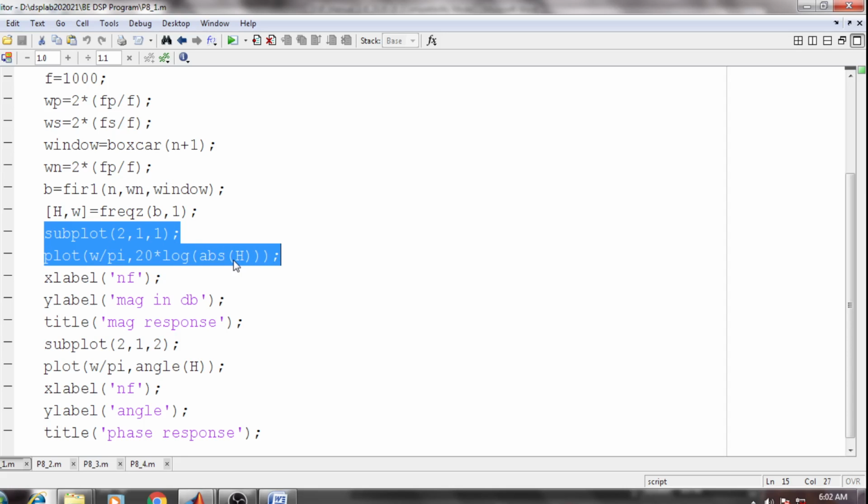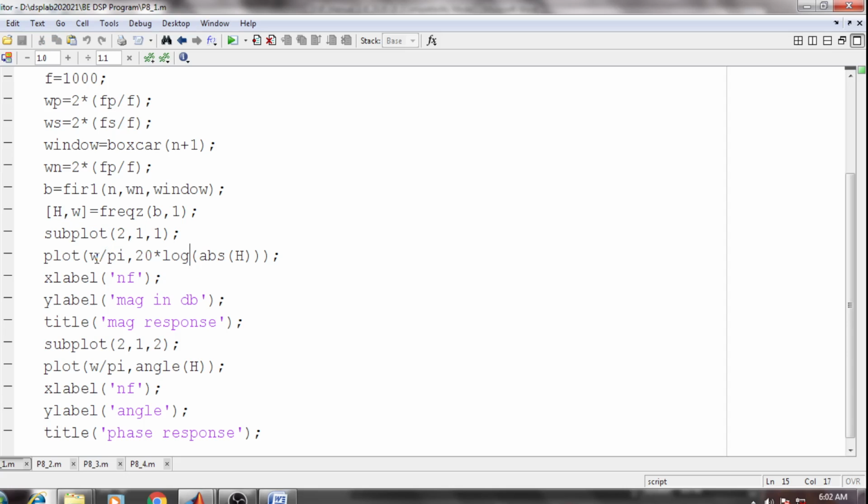For the magnitude plot, here in the plot function x and y are defined. So x is defined with the help of w by pi, because whatever the frequency, it will not be able to be accommodated in the given graph.